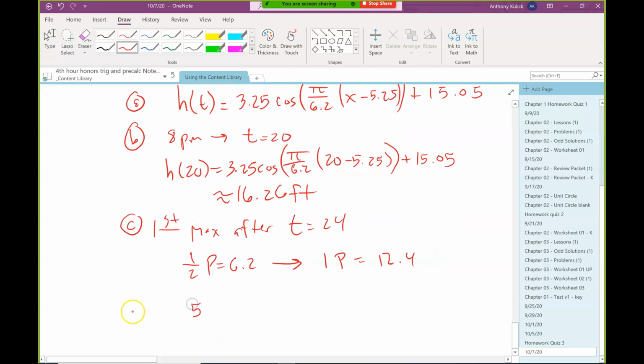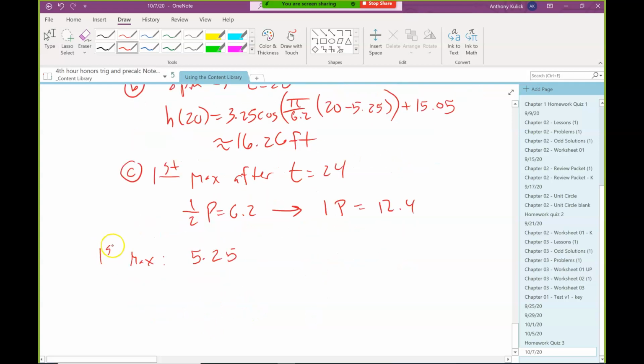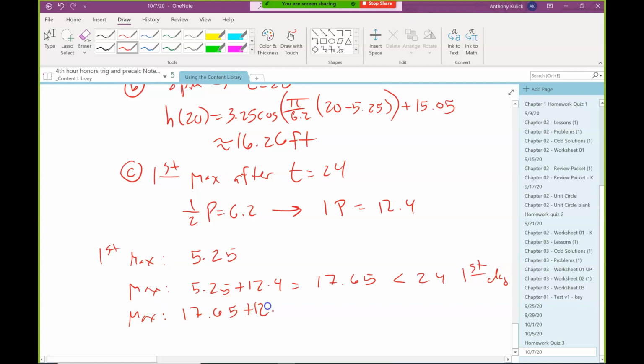My next maximum would be at 5.25 plus 1 period, or 17.65. This is less than 24, so this is still day 1. My next maximum would occur at 17.65 plus 12.4, which is 30.05. That's greater than 24, so that's now on the second day.